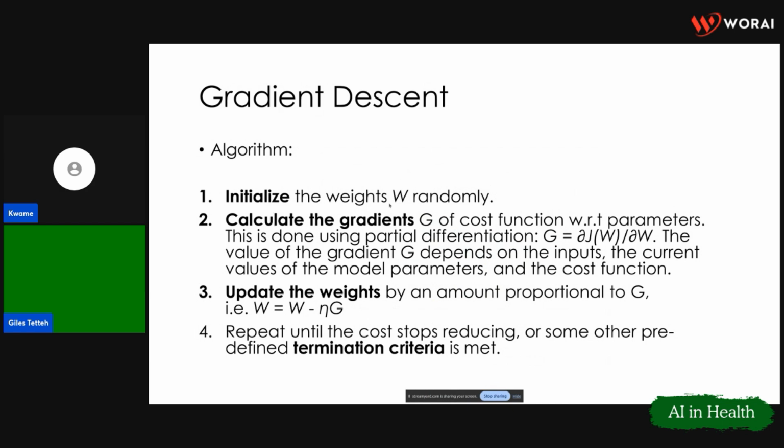Basically, we initialize our weight, then we compute some gradient, and then we adjust our weight based on this gradient, and then we repeat this process until we get to the minimum or some termination criteria. So for this criteria, we say that, okay, if the error is less than 0.001, we stop. Or if something else is the case, we stop. So we repeat this process until we get to this termination criteria.